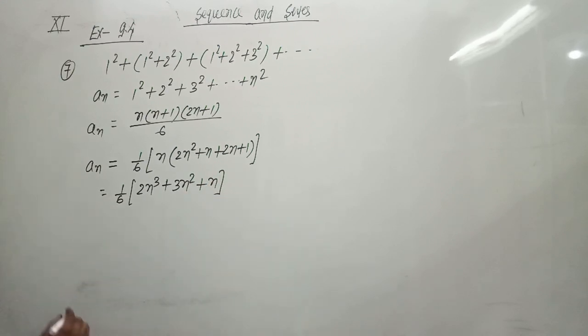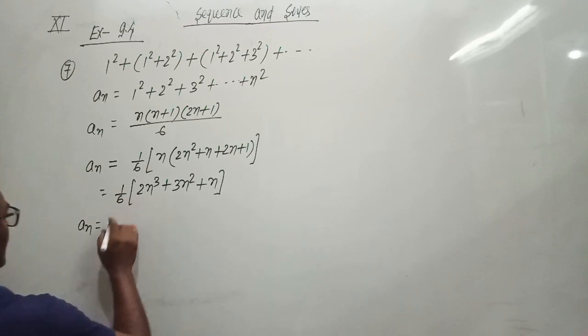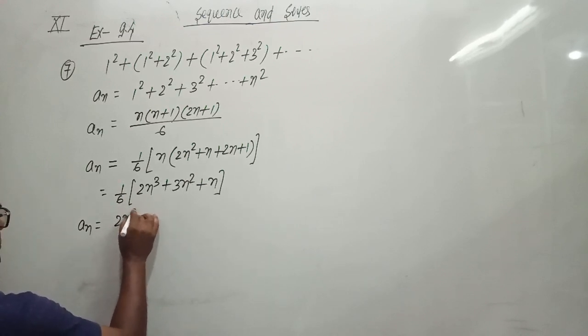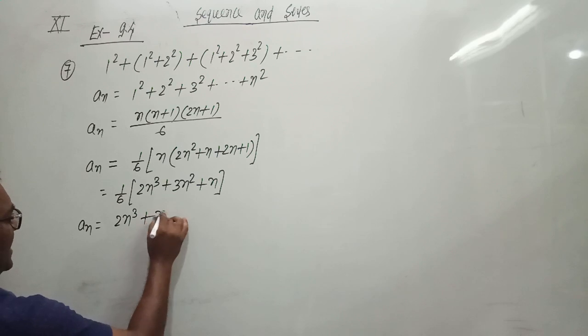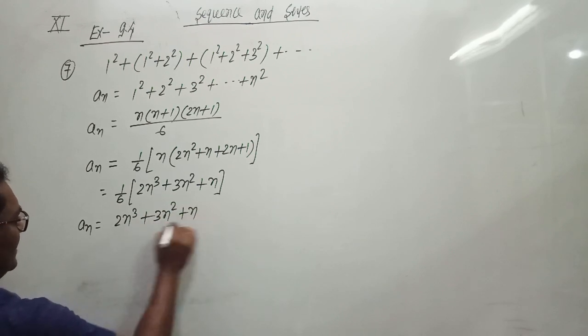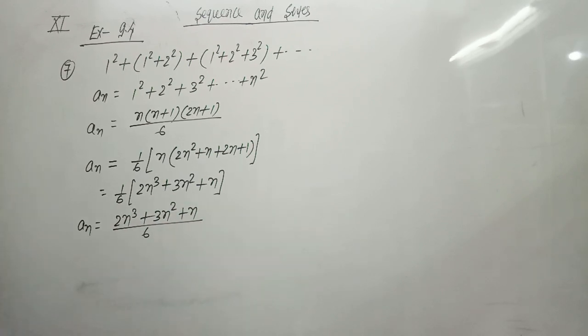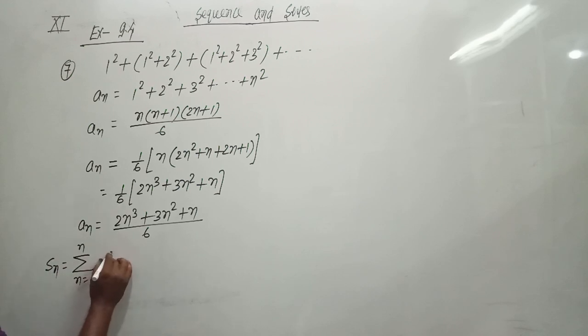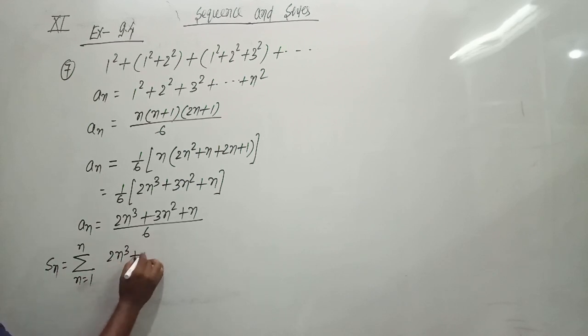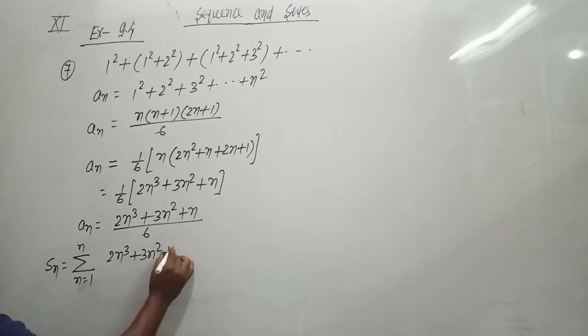So an equals to 2n cube plus 3n square plus n upon 6. And when we find Sn, Sn equals sigma from n equals 1 to n of 2n cube plus 3n square plus n upon 6.